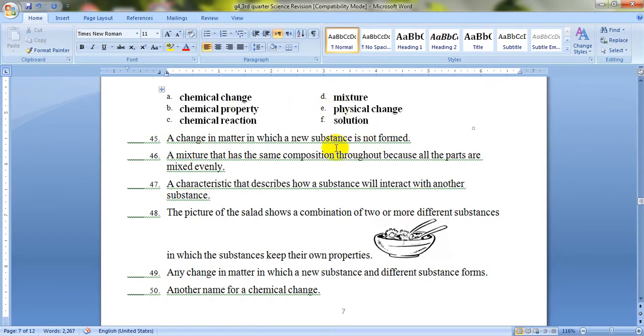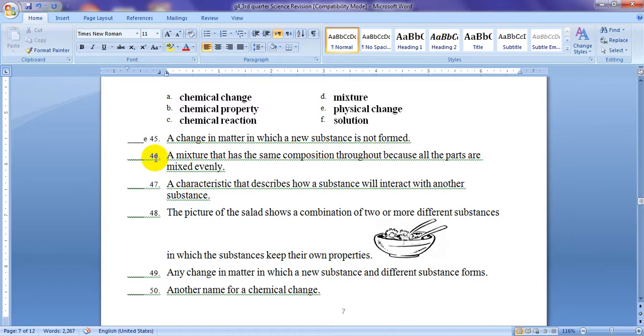Here a new substance is not formed. We don't have a new substance or a new form of matter. So this one is a physical change, because the same substance is still here.